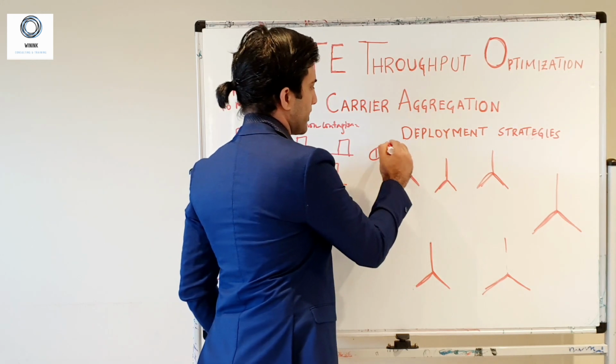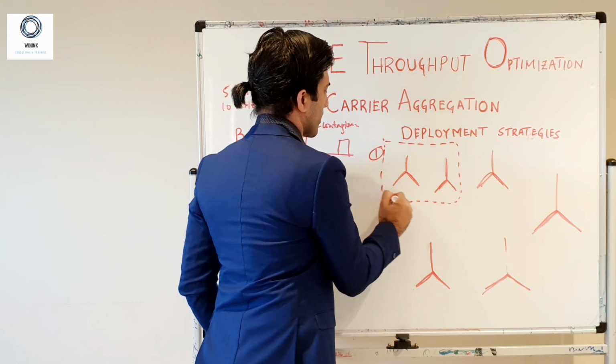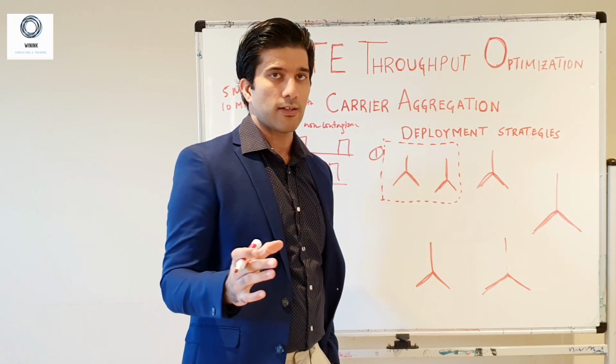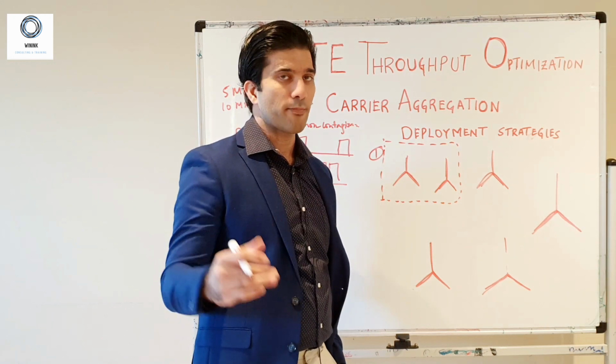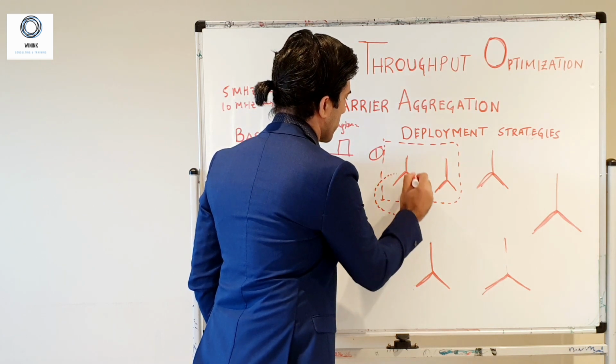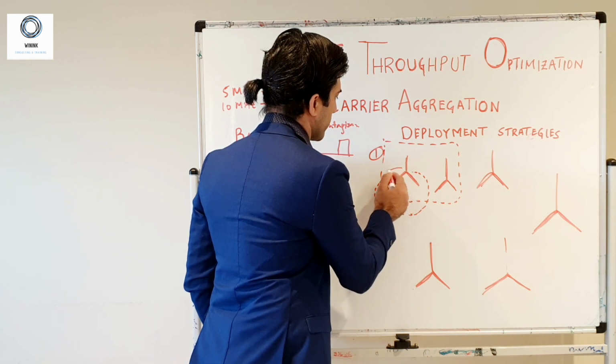We'll select these 2 base stations, and then you have your bands from the same bandwidth, 2 carriers from the same bandwidth, and you have overlaid them. So this is your first band, and then this is your second.